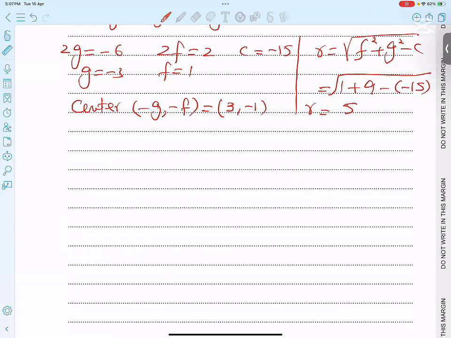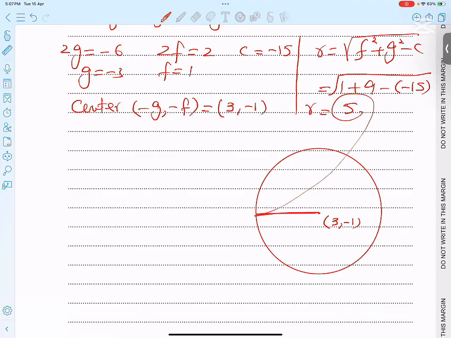So first of all, I draw a circle, and the center of the circle is, let's say, here, and this is 3, negative 1. It means 100% confirm that this is a 5. This is a 5 for sure. The radius is 5, and this is a 5 as well. So 1, 2, 3, 4, and 5.